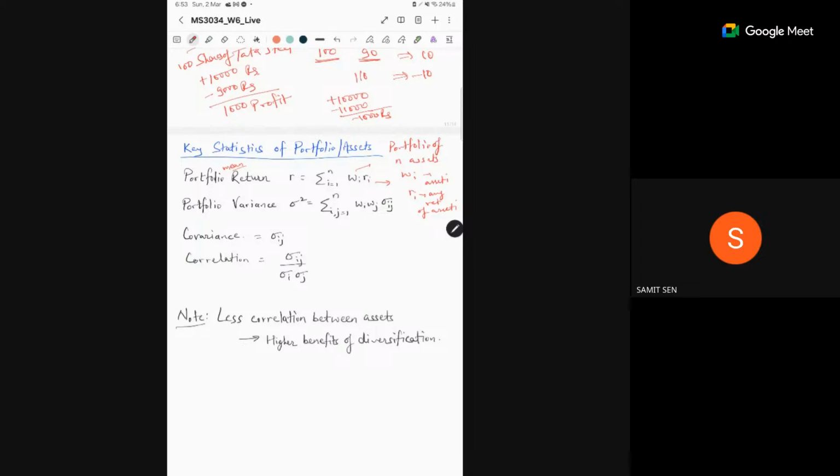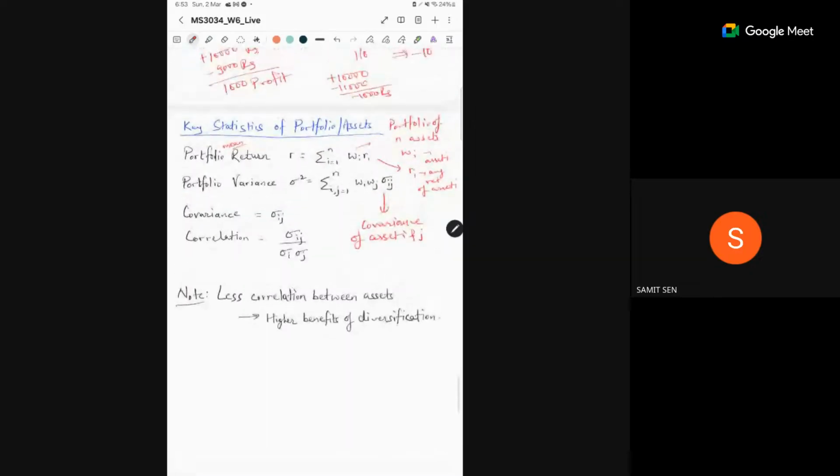And similarly, sigma ij is the covariance of asset i and asset j.